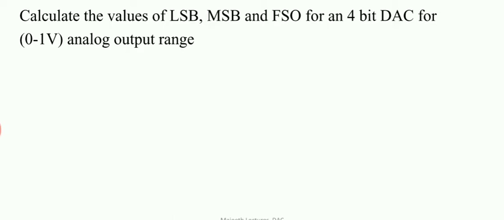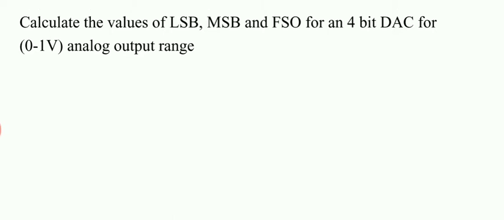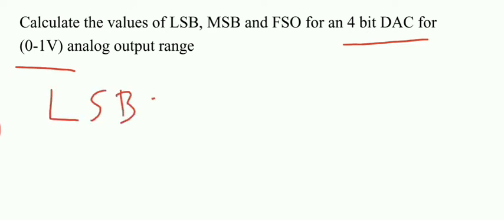First question, calculate the values of LSB, MSB and full scale output for a 4-bit DAC for 0 to 1 volt analog output range. So what are the data given? It is a 4-bit DAC and reference voltage is 0 to 1 volt. Already I told how to find LSB. LSB is the value of a resolution, right?